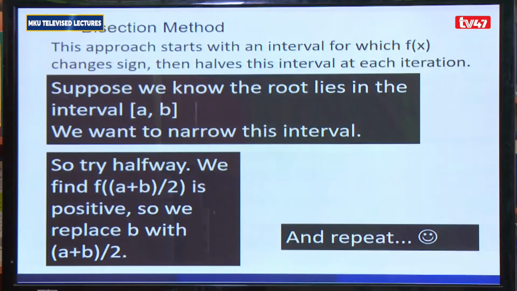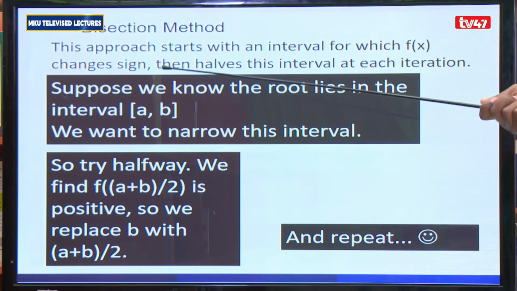As the name suggests, the approach involves trying to narrow down the interval under which our root lies. Suppose we start with an interval for which f(x) changes sign, until the interval converges to the root.